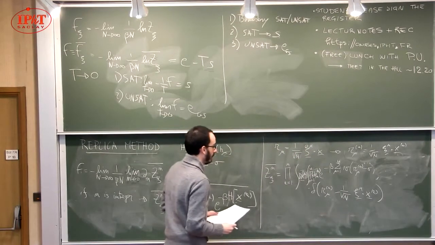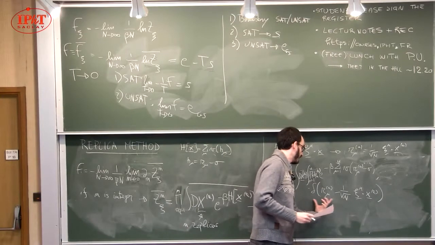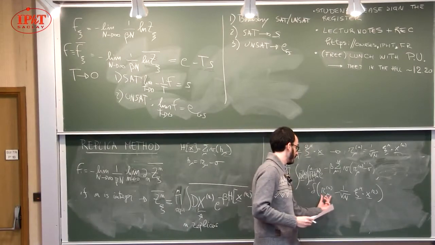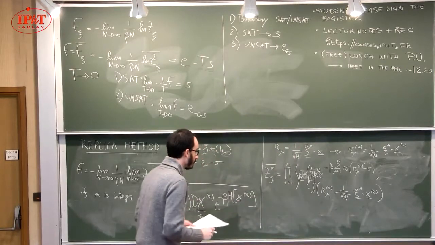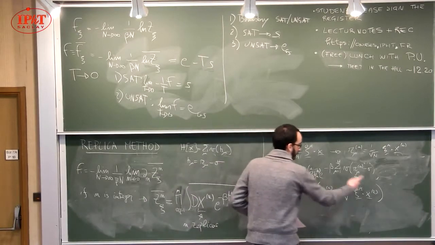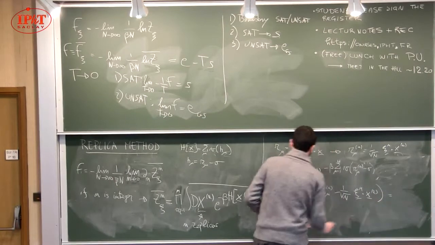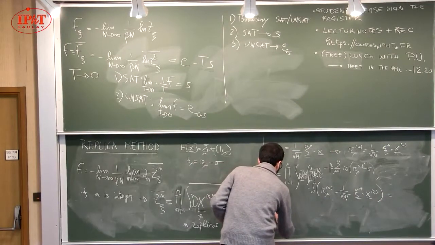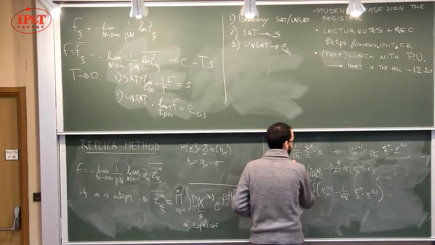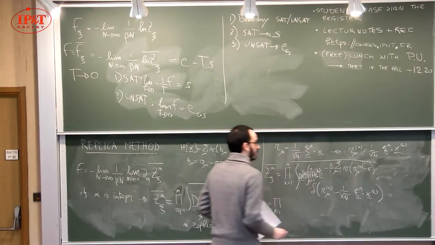Okay. I just put a Dirac delta in order to say that this quantity is equal to that. Okay. And now I can use a Fourier representation for the Dirac delta. And I get. So of course this must be averaged over the disorder.